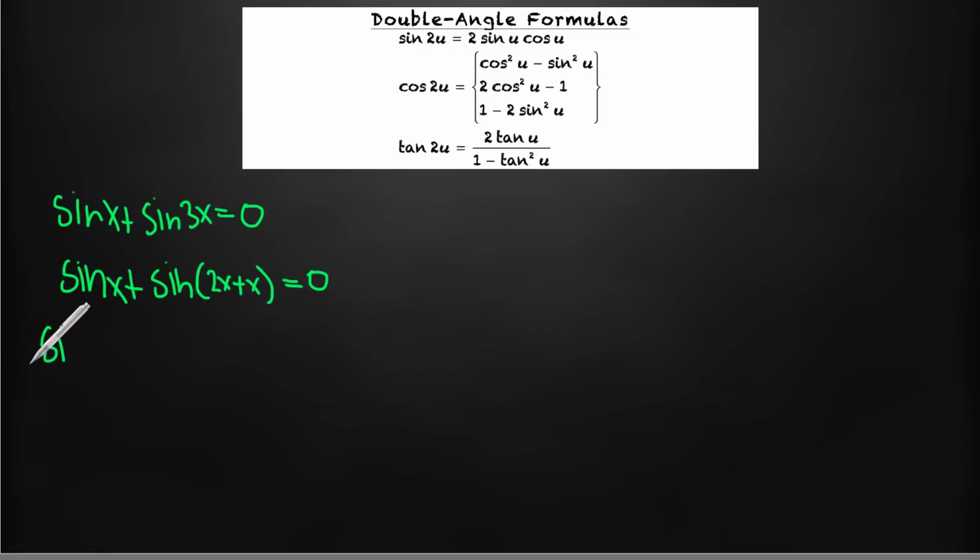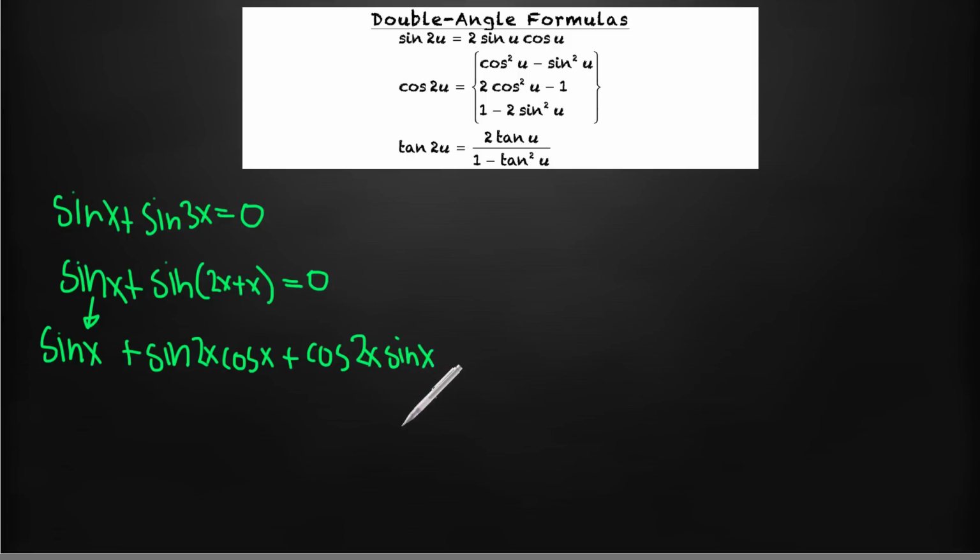So this is going to be sine of x, which you're going to bring that down, plus, it's going to be sine of a cosine of b, plus the, or should I say, cosine of a sine of b equals 0.